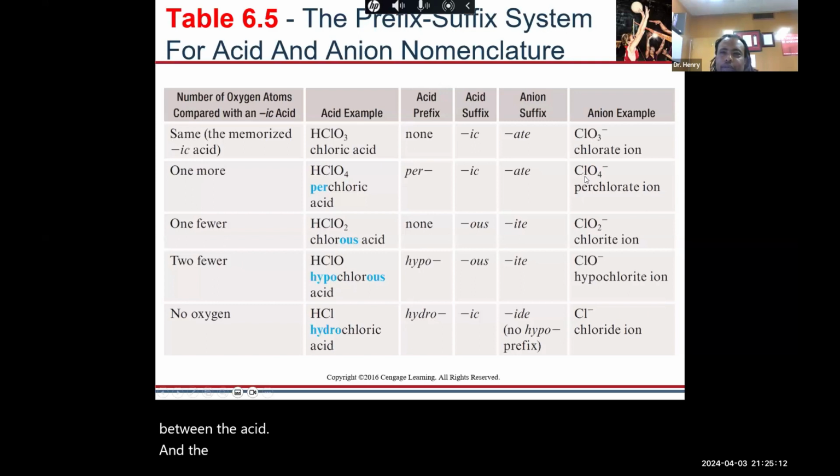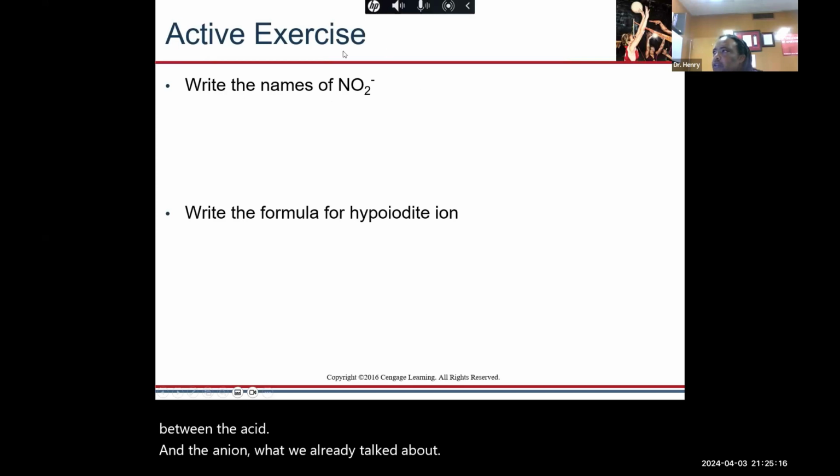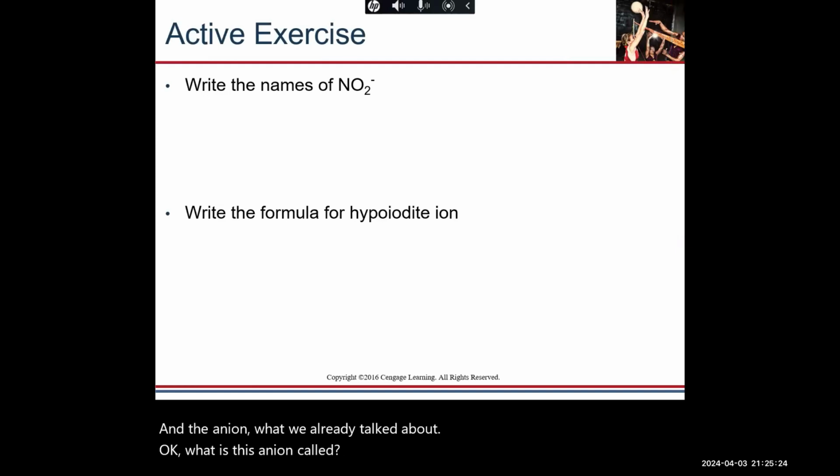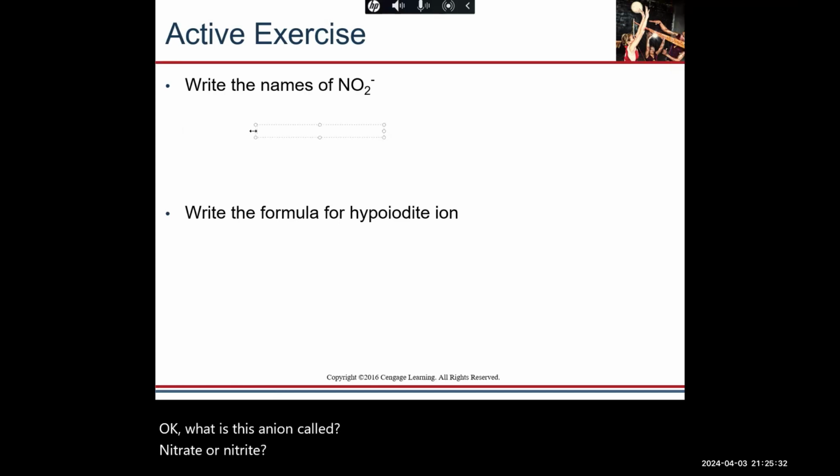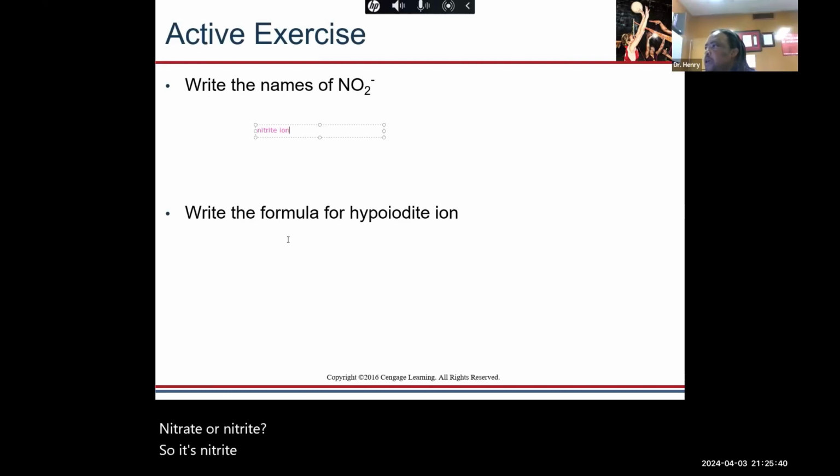What is this anion called? Nitrate? Nitrate or nitrite? Yeah, it's the nitrite ion.